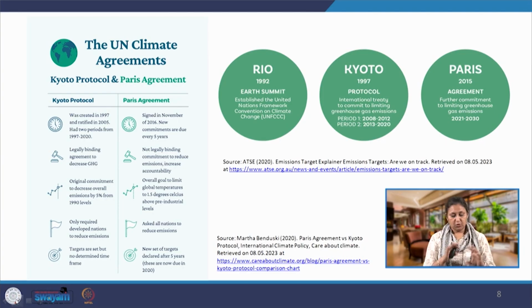If we look at the overall goals, for the Kyoto Protocol we were talking about reducing the overall emissions by 5% from 1990 levels, while here we are talking about limiting the global temperature rise to 2 degrees above pre-industrial levels. In the Kyoto Protocol only developed nations were bound to reduce emissions, while here all nations have been asked to reduce emissions, and in the Kyoto Protocol targets were set, but no determined time frame, and here every 5 years the targets will be set and measured.